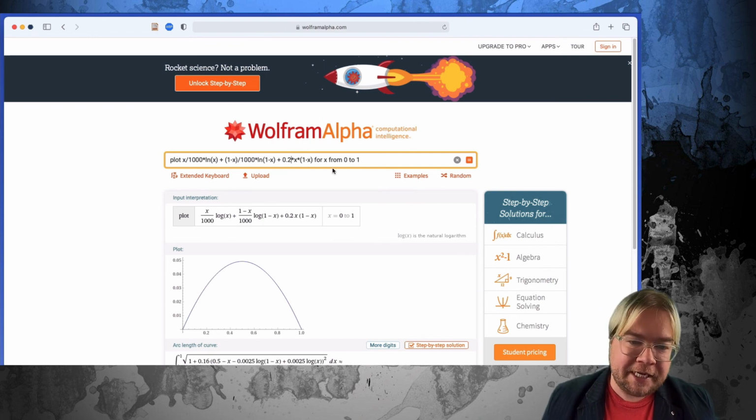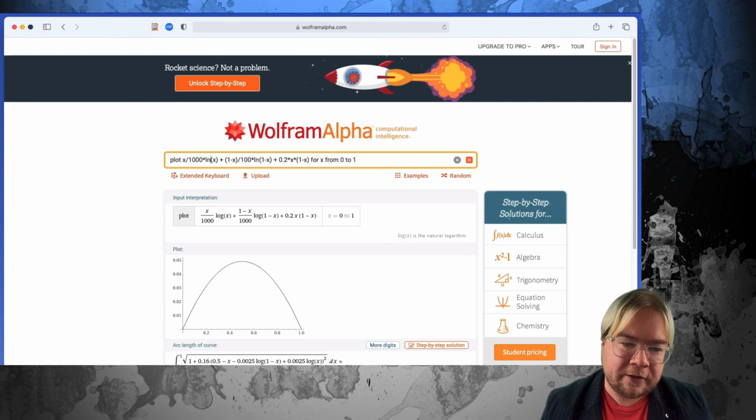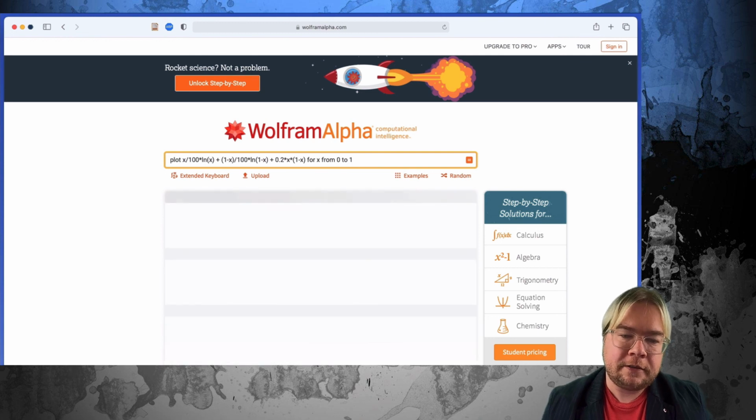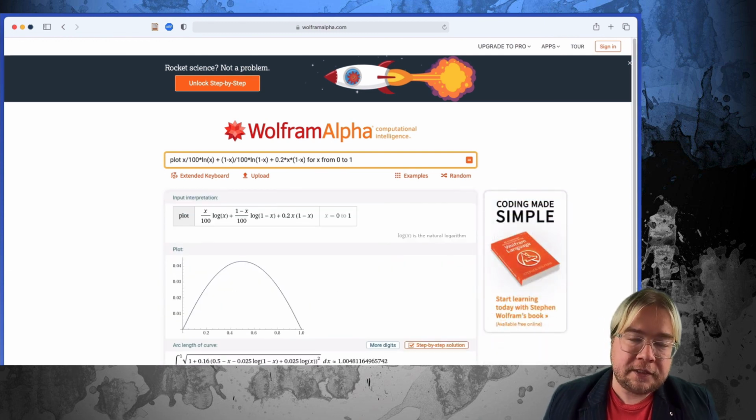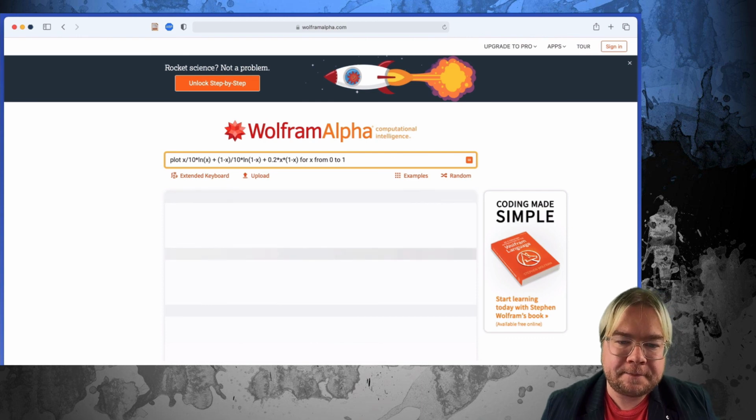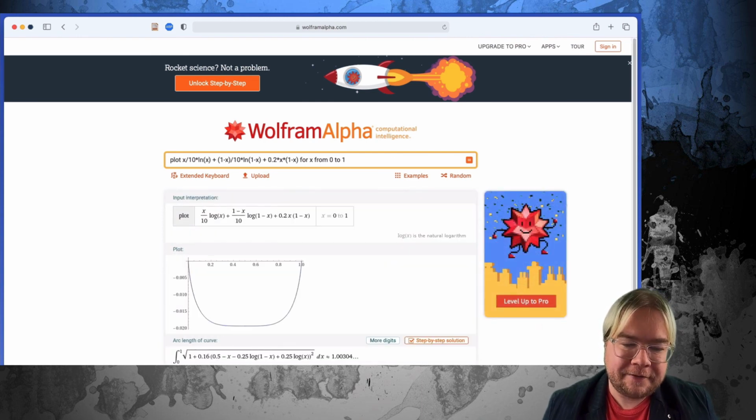So I could decrease the molecular weight of my polymer and approach the regular solution limit. So let's go down to a degree of polymerization of 100 and see what this looks like. Still positive. Let's go down to a degree of polymerization of 10 and see what this looks like. Negative.